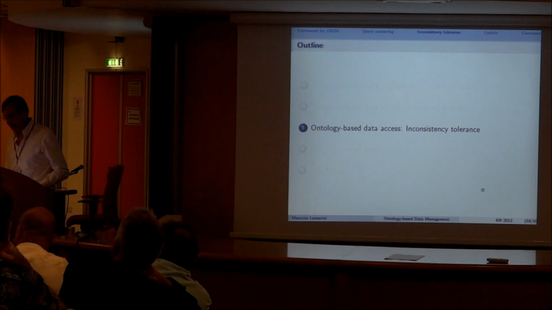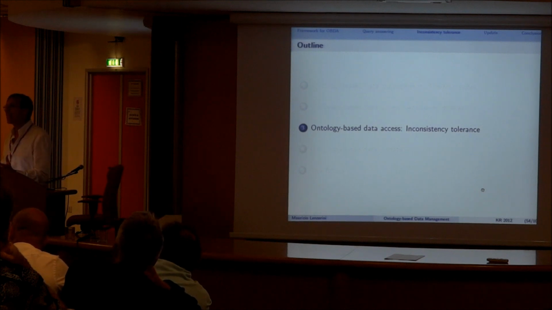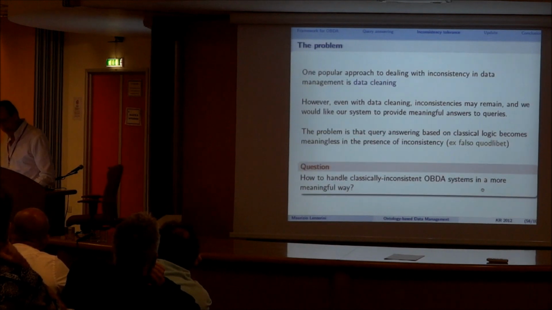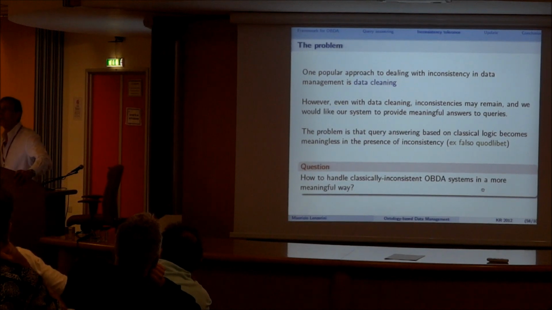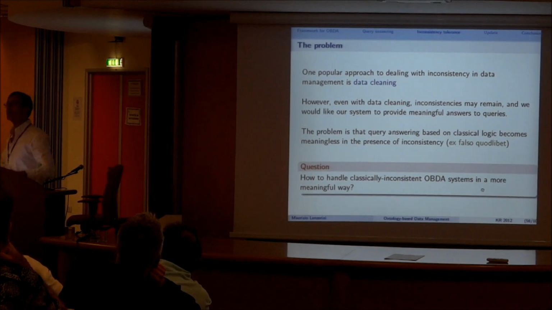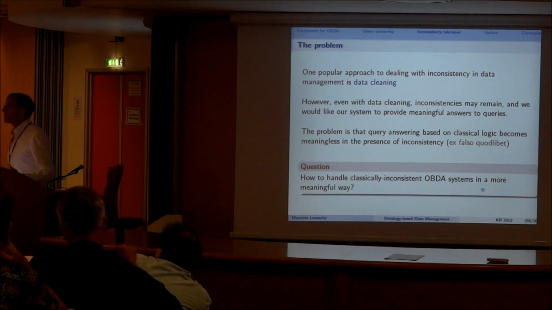the problem of inconsistency tolerance, but I think you can believe me that the problem of inconsistency is a very important one. Suppose you go to a company, you build the ontology, you build the mapping, and then you say, okay, I cannot use Mastro.